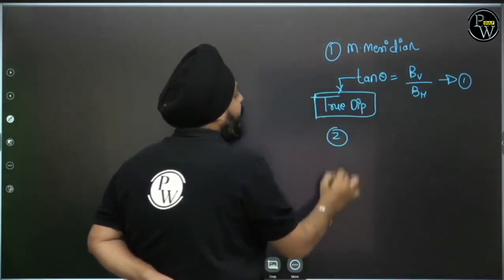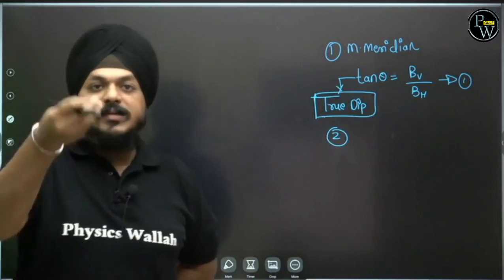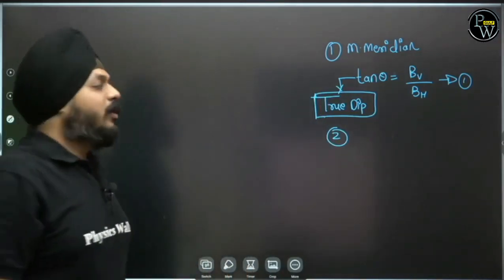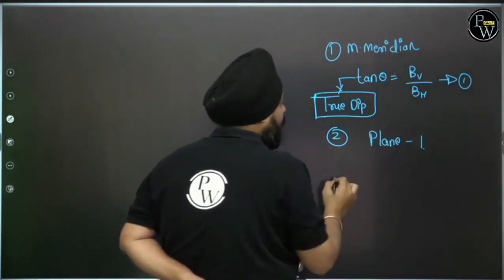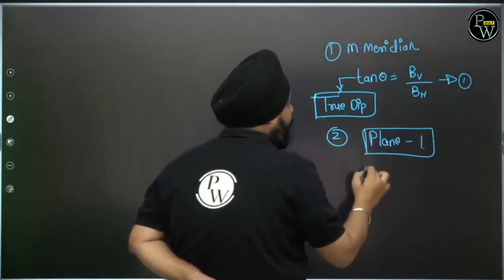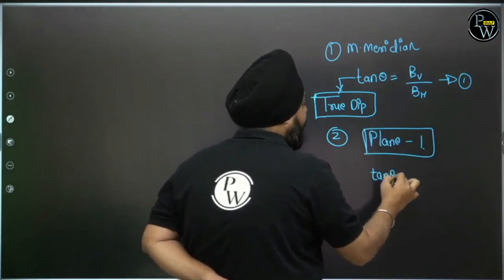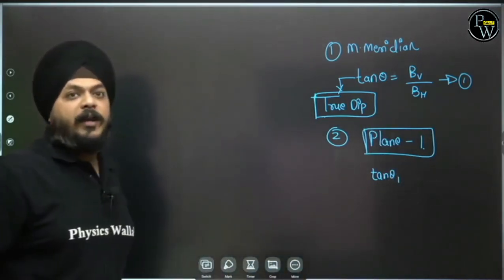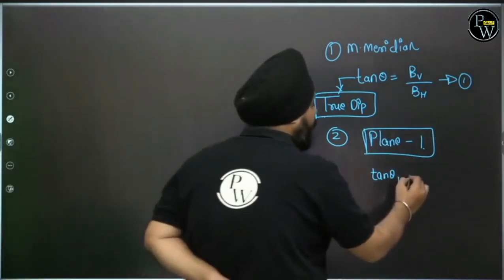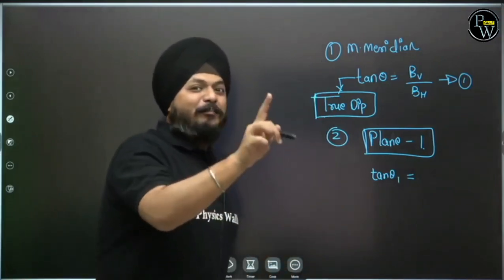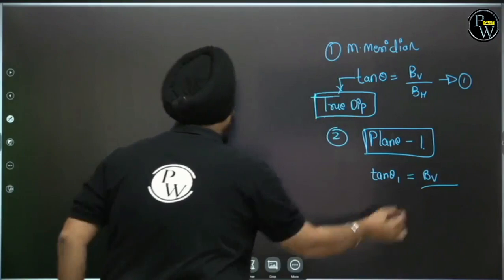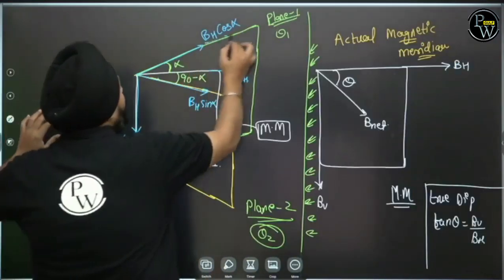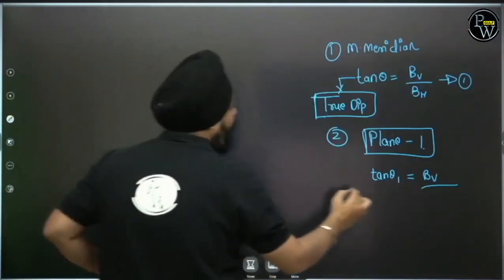The second thing comes up for plane number 1. For plane number 1, the apparent dip is tan of theta 1, that is equal to the vertical component, which remains same. But in this case, the horizontal component became BH cos of alpha.